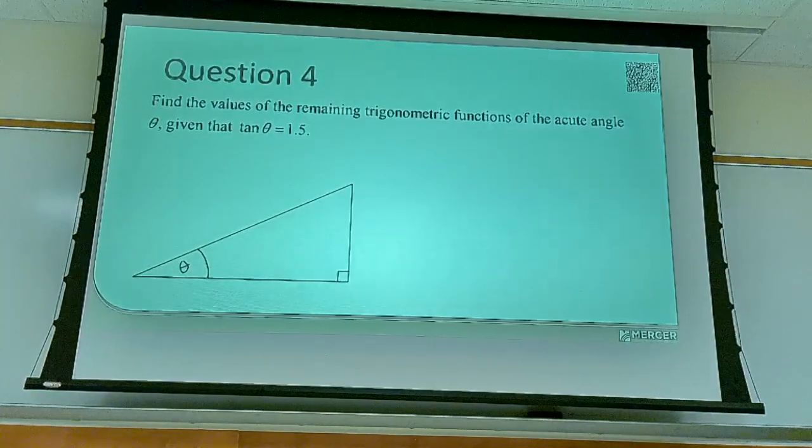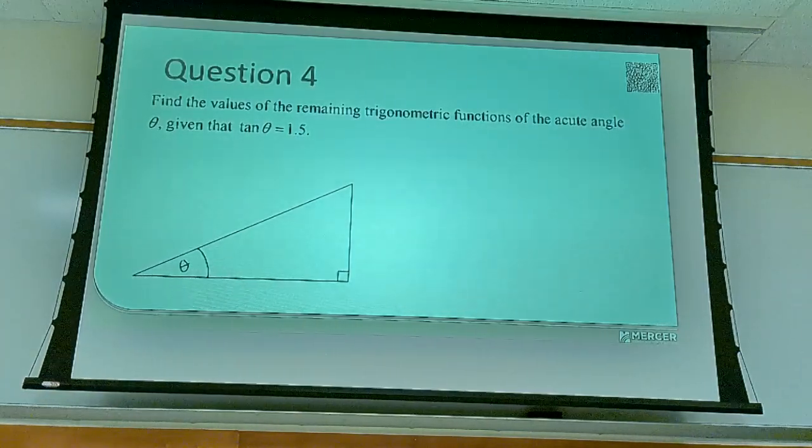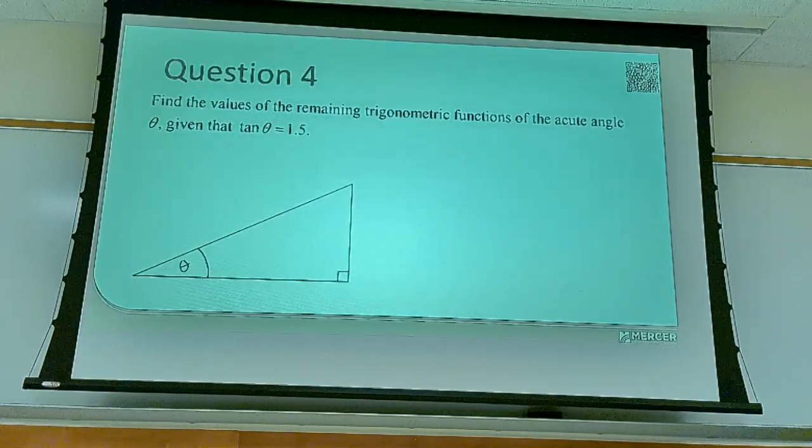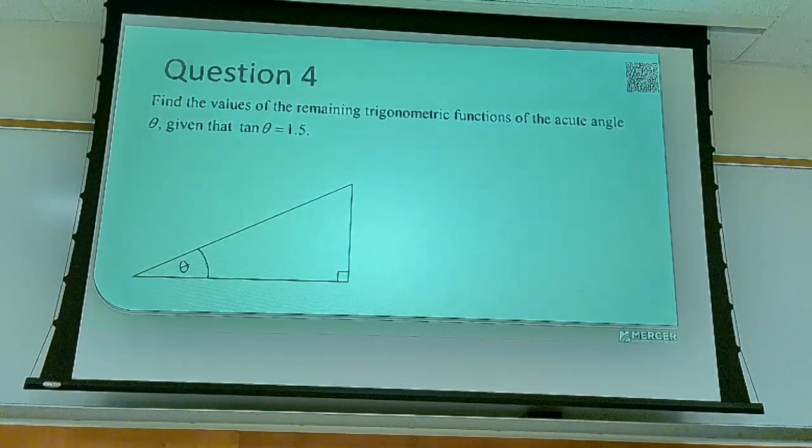You shouldn't need to run the calculator to get the fraction. 1.5 is 3/2. And then it's the opposite over the adjacent, so there is 5. Height would be 3.